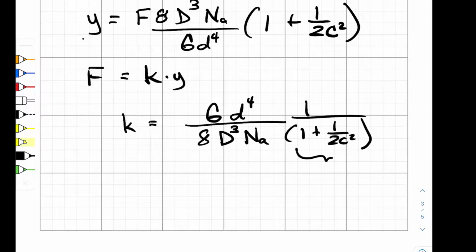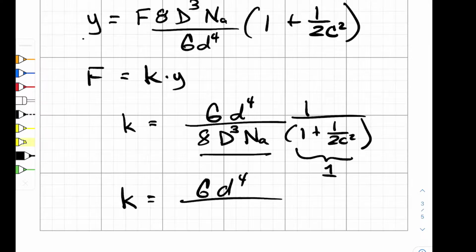Well, this term, we usually just let it be equal to 1, and we get a much simpler relationship for an estimate of the spring stiffness as the shear modulus times the fourth power of the wire diameter divided by 8 times the coil diameter cubed times the number of active coils.